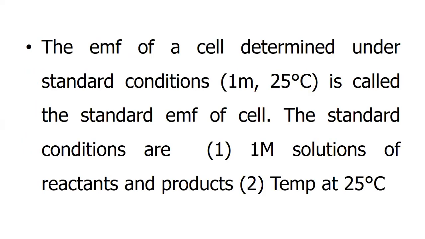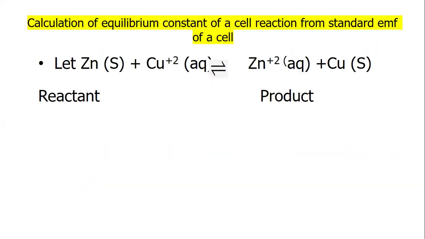The EMF of a cell determined under standard conditions, 1 molar and 25 degrees Celsius, is called the standard EMF of the cell. The standard conditions are 1 molar solutions of reactants and products at 25 degrees Celsius. Calculation of the equilibrium constant of a cell reaction from the standard EMF: let zinc react with copper ions, forming Zn2+ and copper metal.